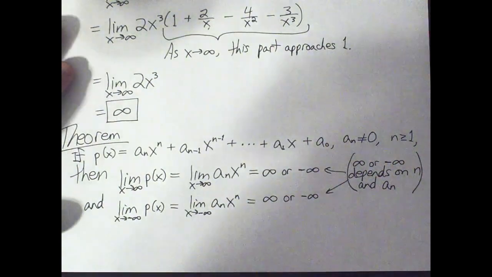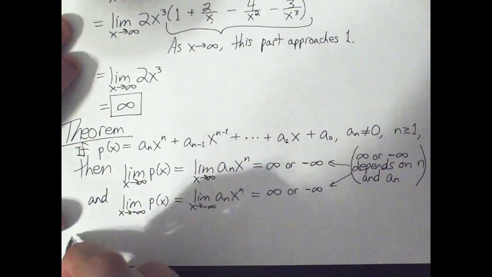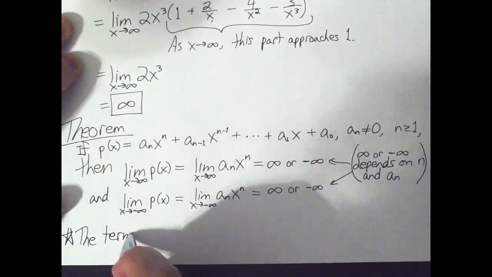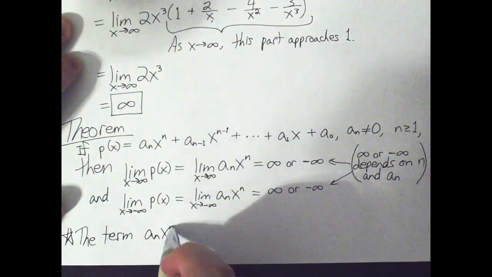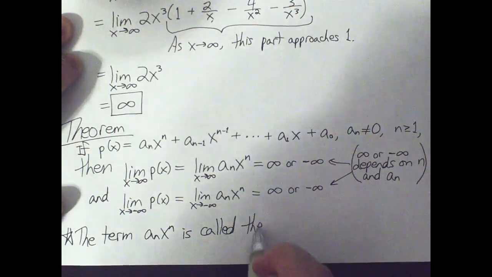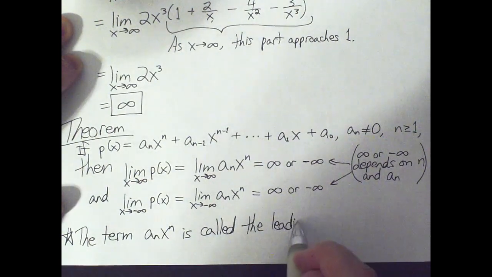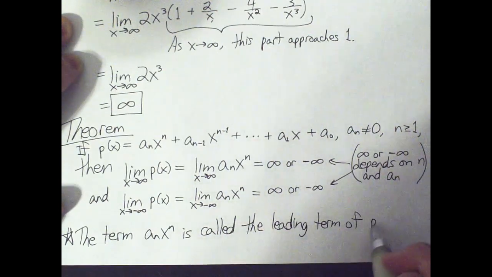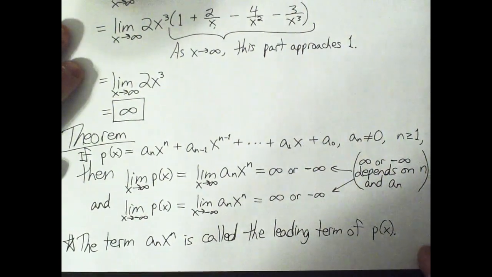So that's the theorem, but I'm also going to say underneath it, the term a_n x to the n is called the leading term of p of x. I said that out loud a minute ago. Now we're putting it in our notes.